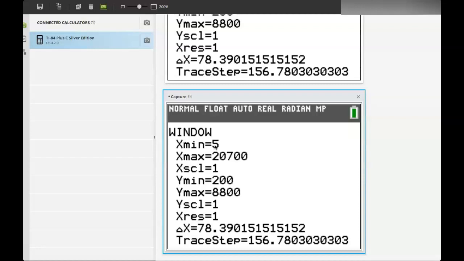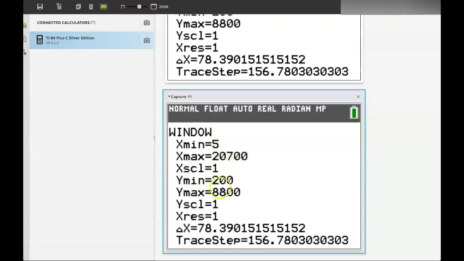So interval is 5 to 20,700. So we're gonna have all the points that we have in the first column X in this interval. So we're choosing this min and max based on the points that we have in each column.